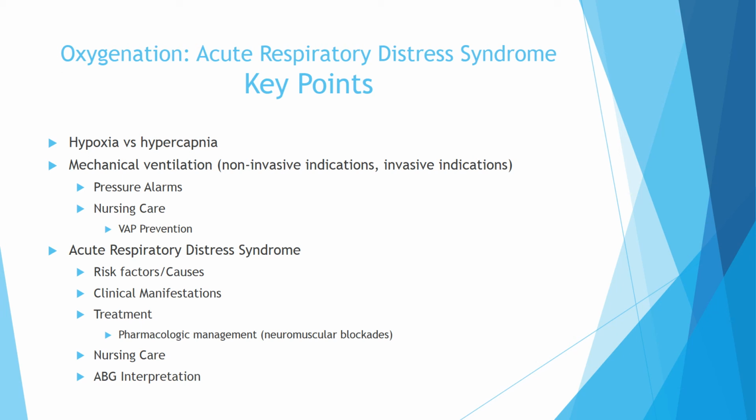The pH is going to be less than 7.35. Your PaO2 is going to be less than 50. And your PaCO2 is going to be greater than 50. So that's your classification for respiratory failure.